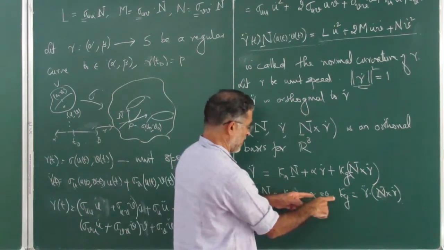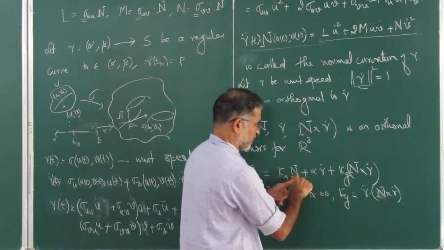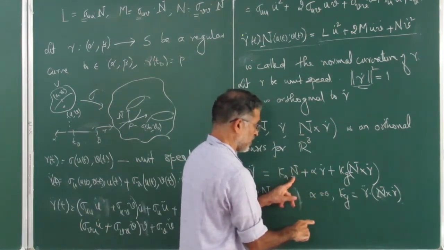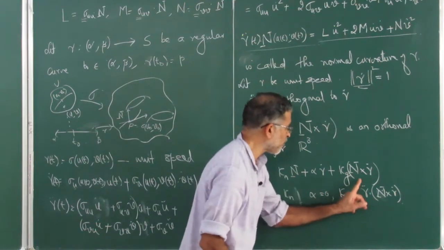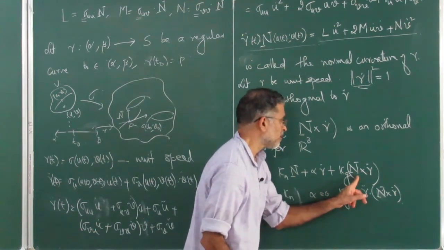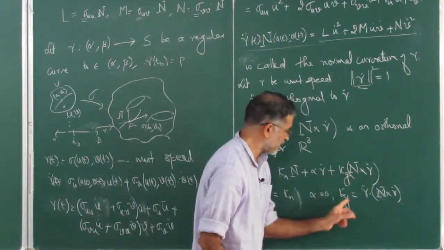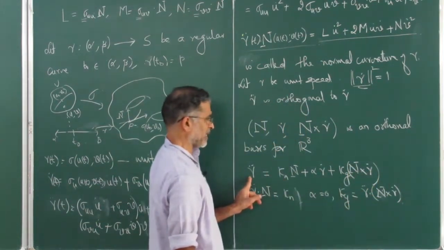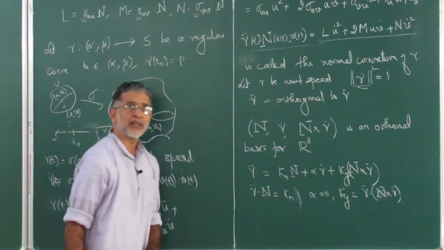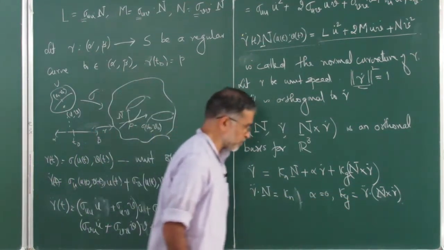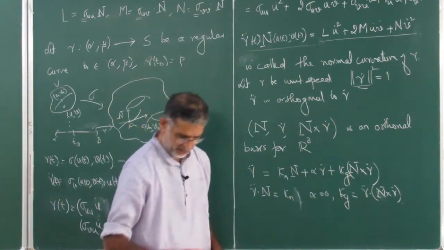Left hand side, what will happen when you take the dot product? N dot gamma dot is 0, and n cross gamma dot is also 0. So you will have only Kg times n cross gamma dot dot n cross gamma dot, that's the norm of it, that's 1. So Kg on the right hand side, left hand side, gamma double dot dot n cross gamma dot. Yeah, that's the box product basically. Yes, that's the box product.